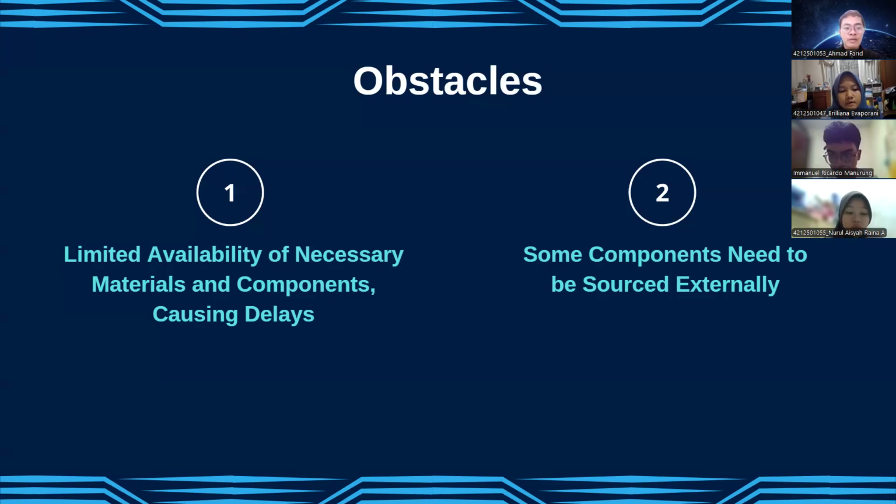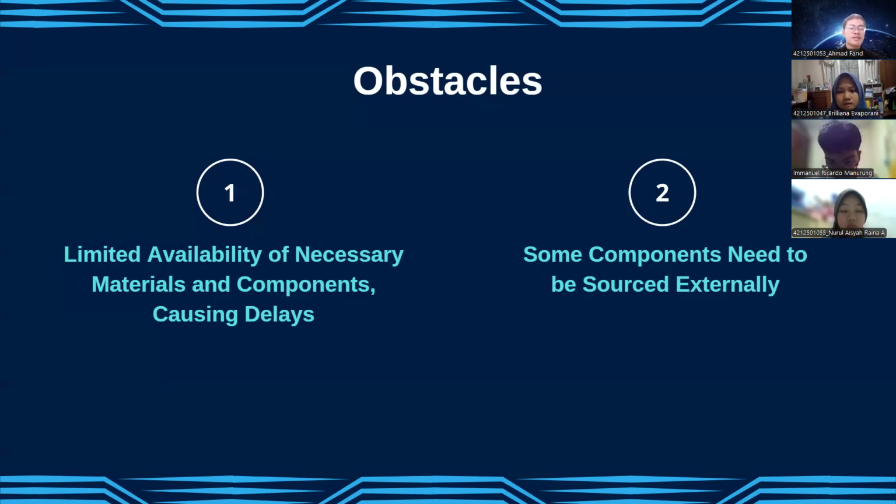And also, we have two solutions for our problems. The first solution is to address the limited availability of materials. The team adjusted the project timeline and prioritized tasks that were not directly dependent on the unavailable components. We also optimized the use of existing materials without compromising the primary function of the system.